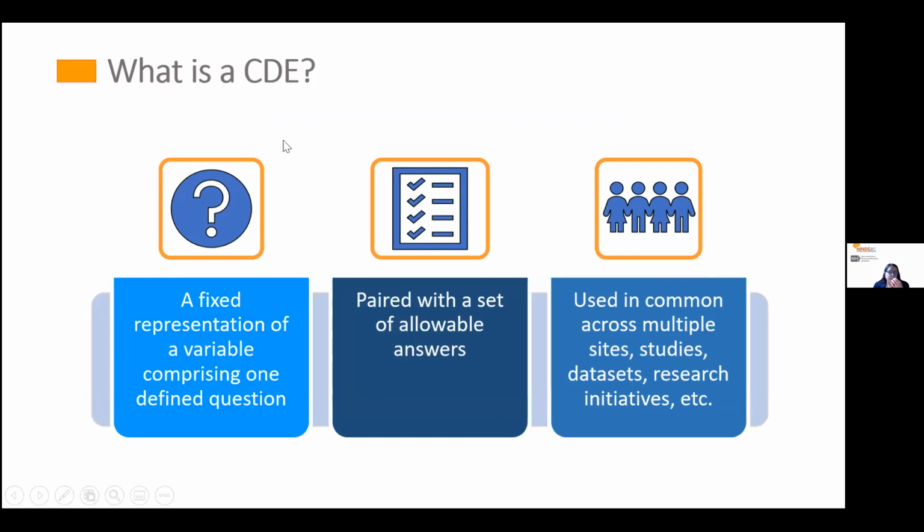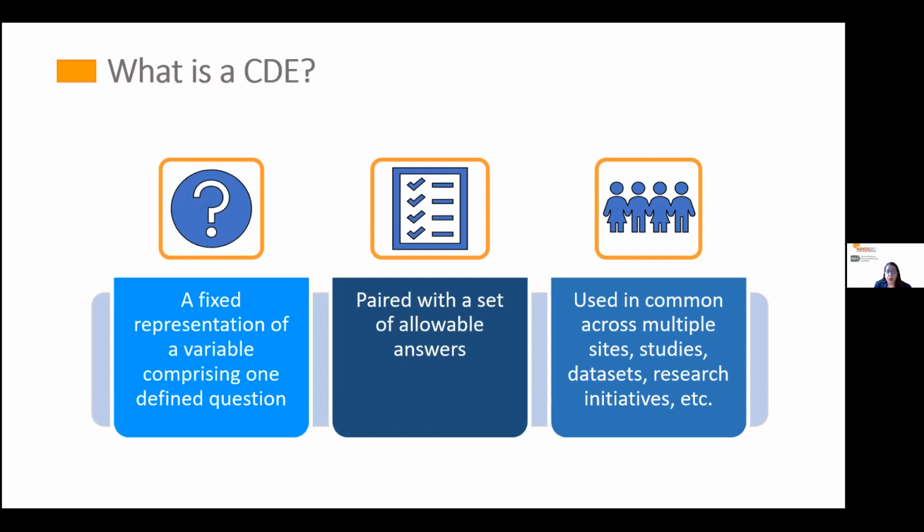So what is a common data element? A common data element is a fixed representation of a variable, and it comprises one defined question. For example, how old are you, if you're asking the patient directly? That is the common data element, that unit question. And that common data element, or that name, for example, age, will be paired with a set of allowable answers. So if we're asking how old are you, we're going to specify how that is collected.